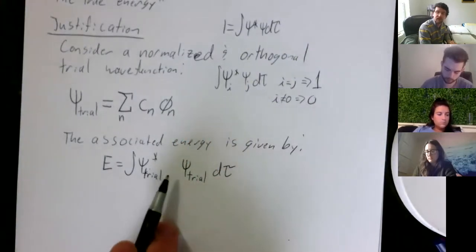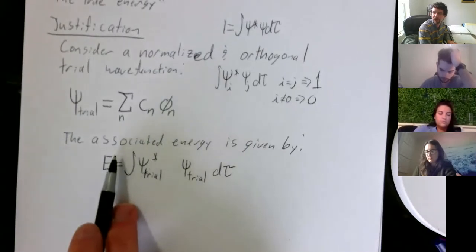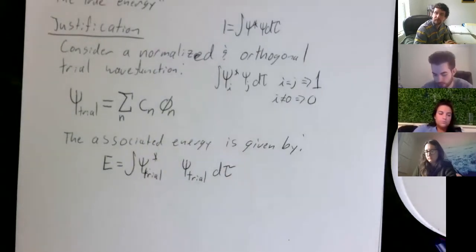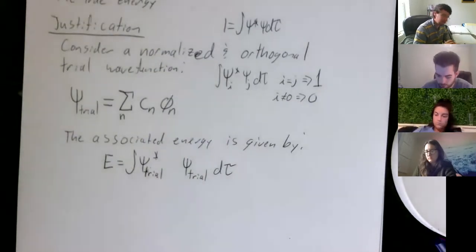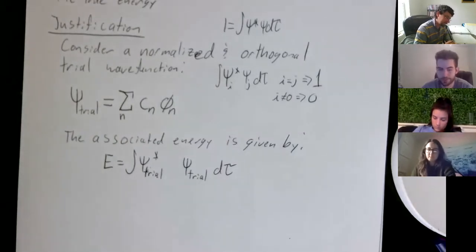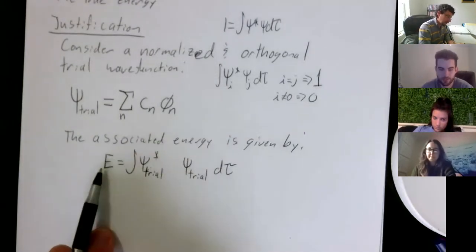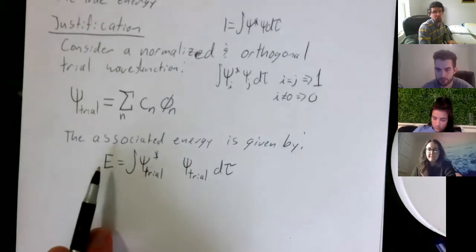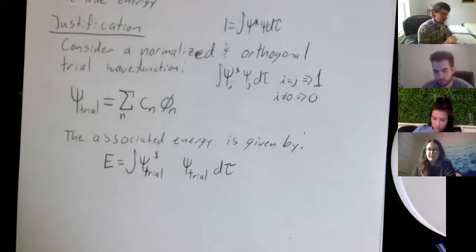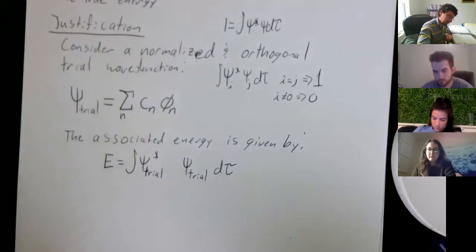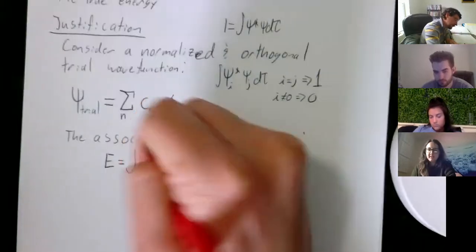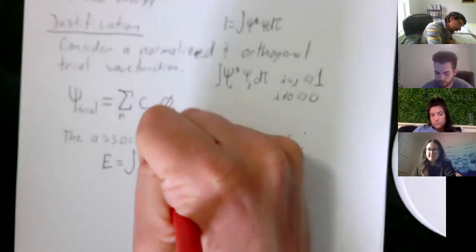What are we going to need in the center here to get an energy out? Some operator. Specifically what operator? Well, we're looking for the total energy. So what do we use for total energy? The Hamiltonian operator.